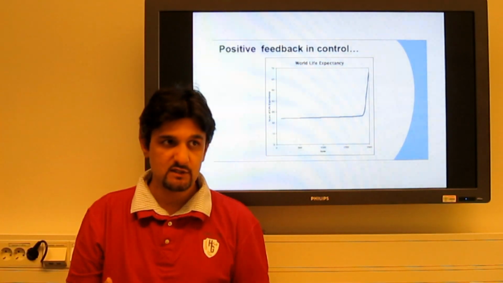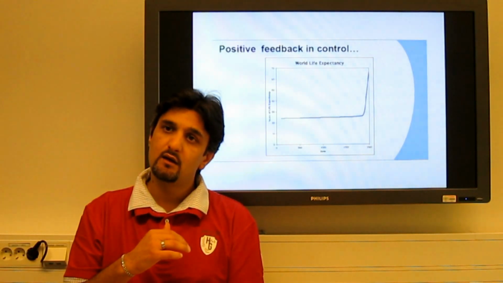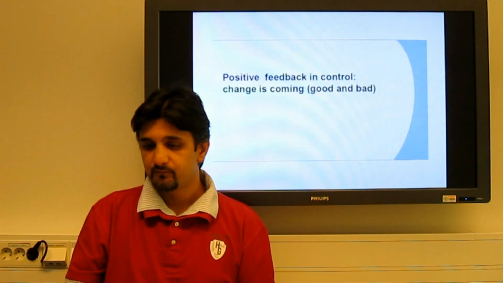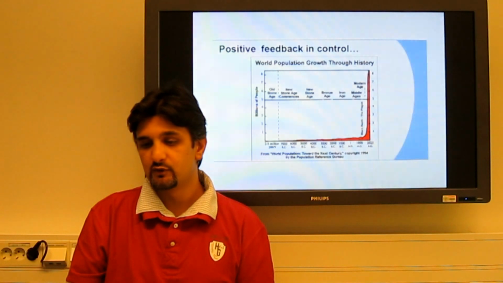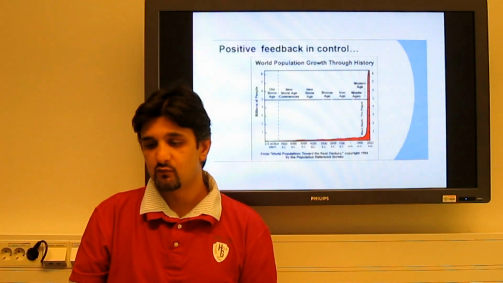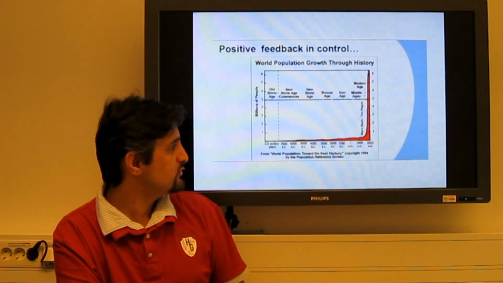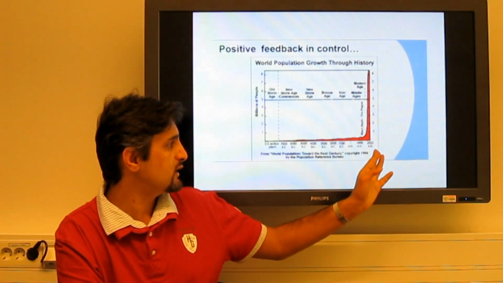With some changes in the initial condition, you can increase your system. Another sample for the positive feedback is world population growth. There are two axes here, the year that you're going to analyze.